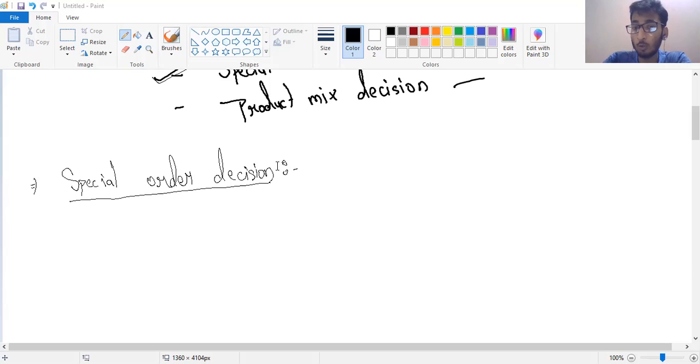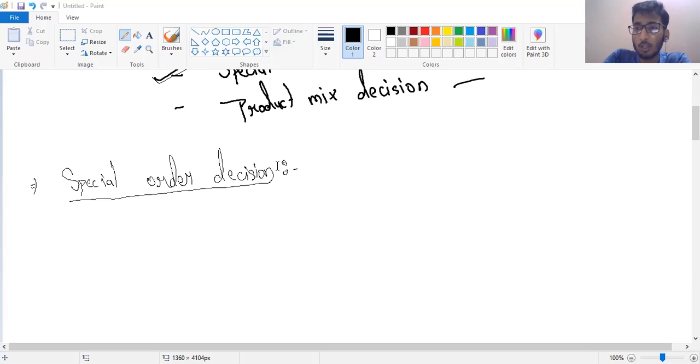I hope you guys know what relevant cost is. So we will just take into account the relevant cost related to the special order, not all the costs, only relevant costs related to the special order. So definitely in relevant cost, the variable cost would be there and relevant fixed cost would be there. Relevant fixed cost, I can say, like purchasing of some specific machinery just for the purpose of the order, and we would resell that machinery after the completion of the order.